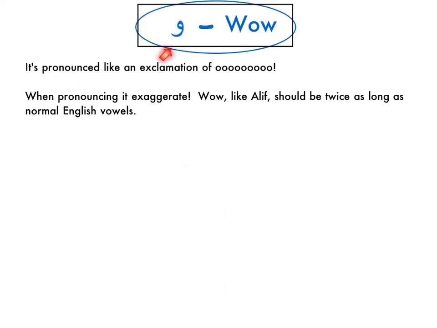The letter waw is pronounced like an exclamation of oo. When pronouncing it, exaggerate. Waw, like Alif, when it's a long vowel, should be pronounced twice as long as normal English vowels. Let's see how to write waw.